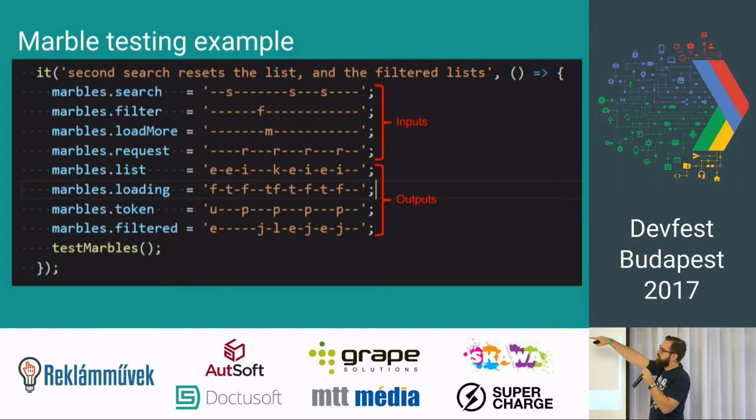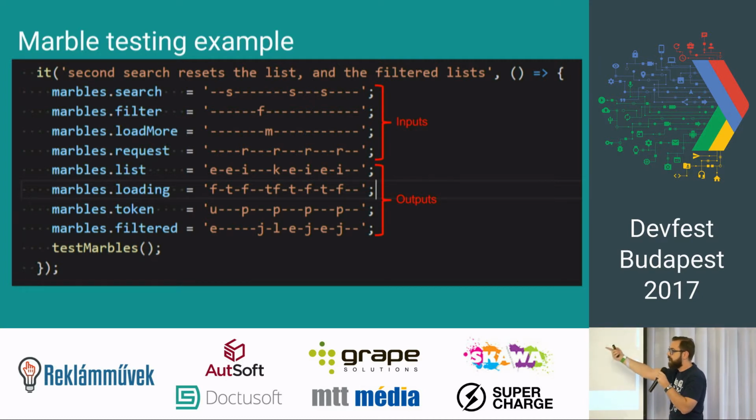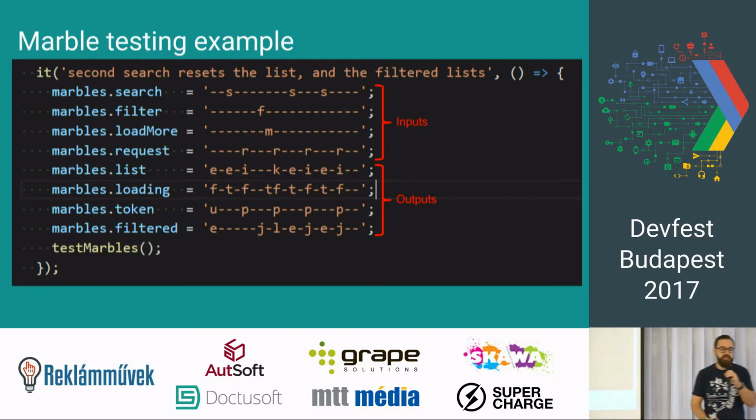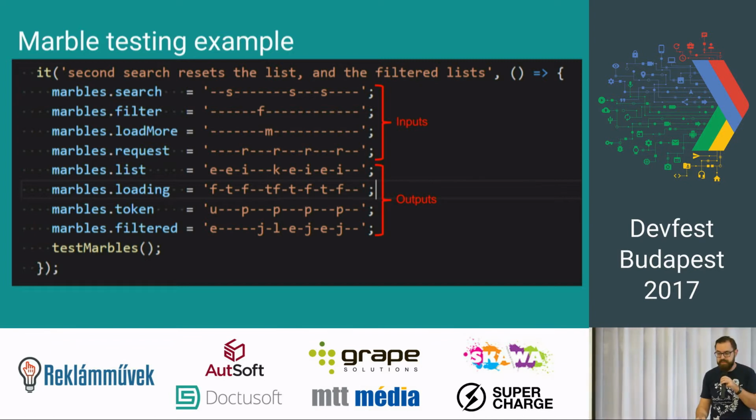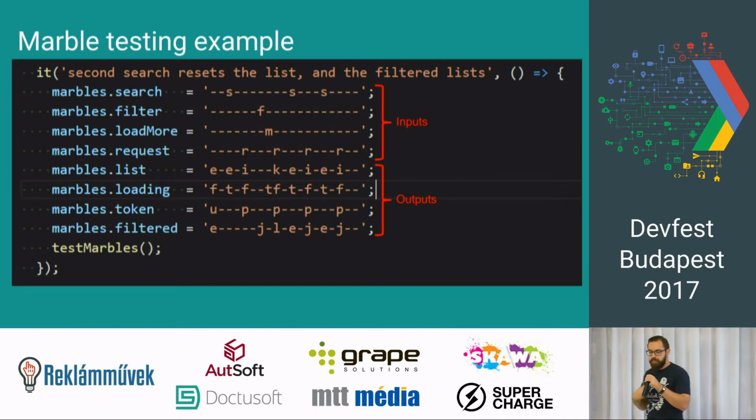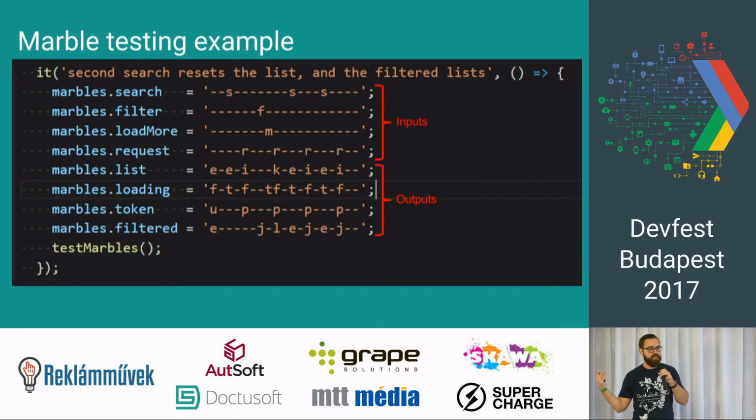The request marble means when the request arrives, and our list marbles mean what is emitted on the item list. So basically, I can define what these characters mean.